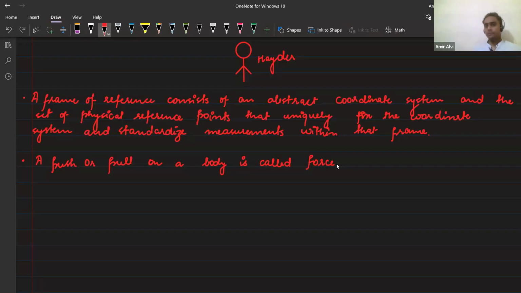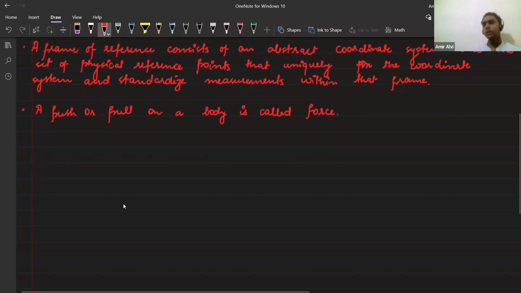Force is the thing that we use in our day-to-day life, like pushing, pulling, twisting, stretching, pressing. Suppose I'm pressing with my hand, so it is pressing. These are the kinds of examples that we use in our day-to-day life in the form of force.